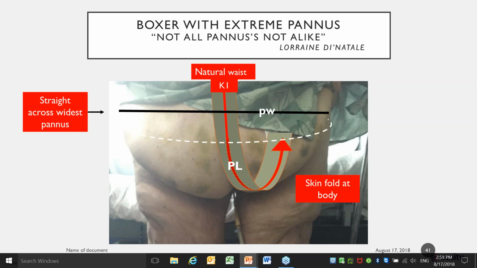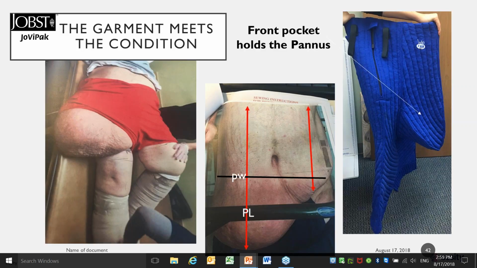So do pay attention that sometimes panuses have different aspects to them, and we may need to add extra things in order for us to be able to make a garment that works correctly. We want to make a garment that meets the patient's condition. And in this condition, the patient has one side that is much, much larger than the other.